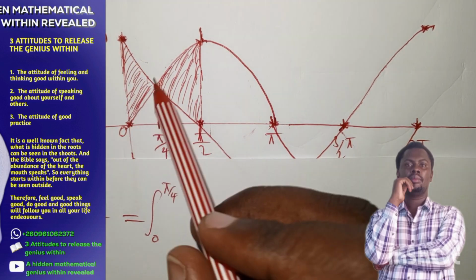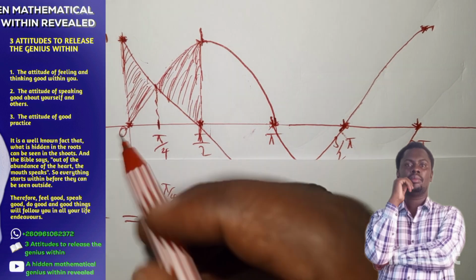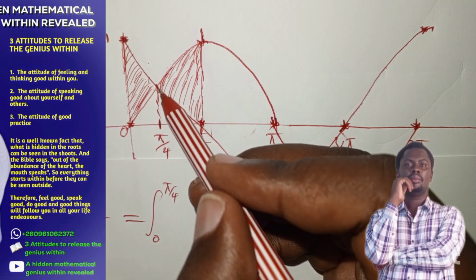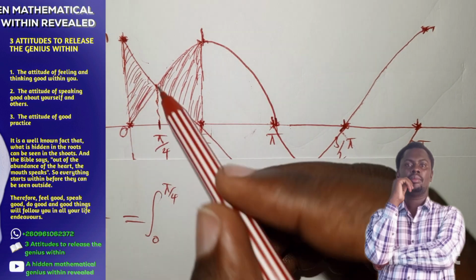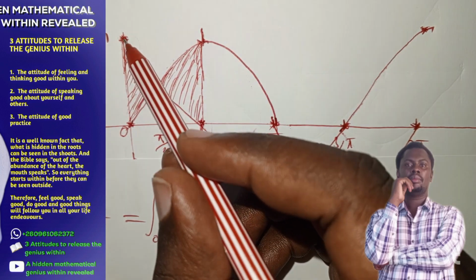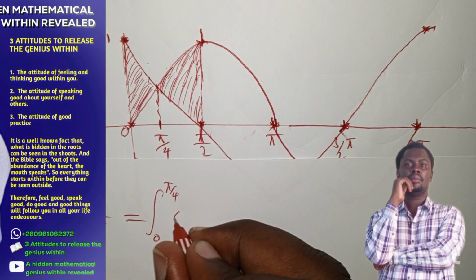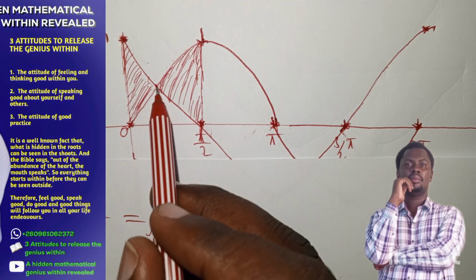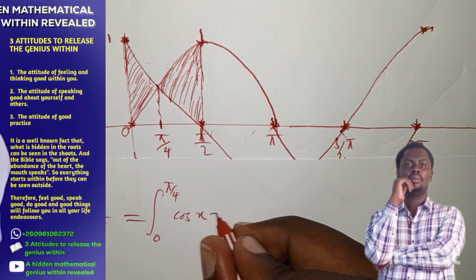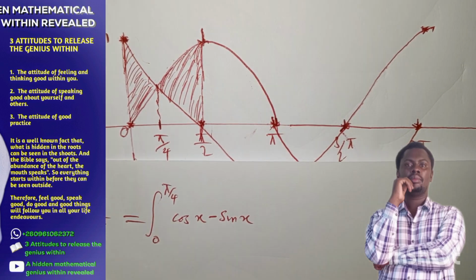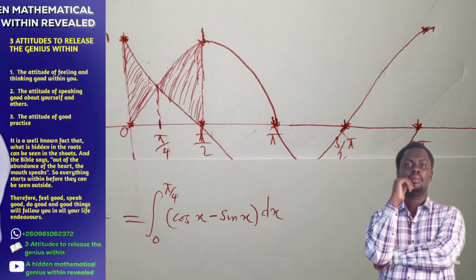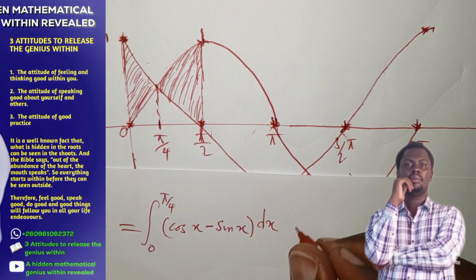If you look at this area here, this area is bounded by two functions, the cosine function and the sine function. Since the cos function is on top, we'll say cos x, and the sine function is on the bottom, so it will be minus sine x, with respect to x, then plus.